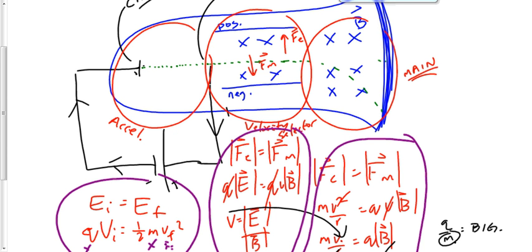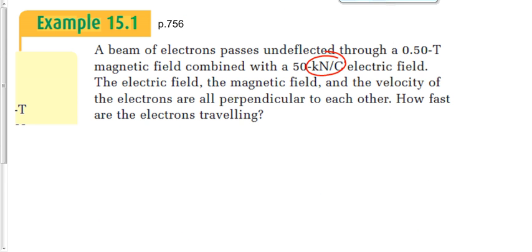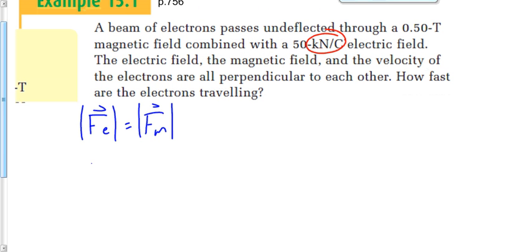So let's say, in this problem, Fe equals Fm. That's what we do for the velocity selector. Let's say Q times E is equal to QVB. Charges cancel. He didn't know what the charge was, but it didn't matter because it disappears from the equation.